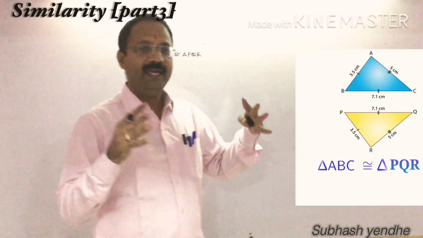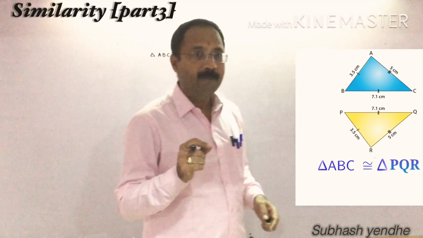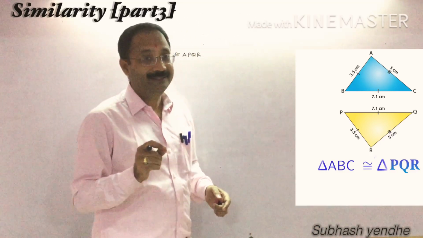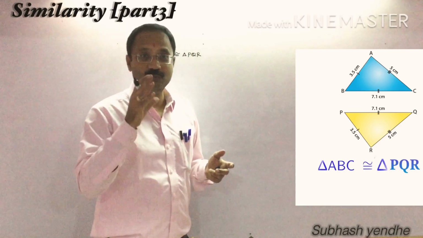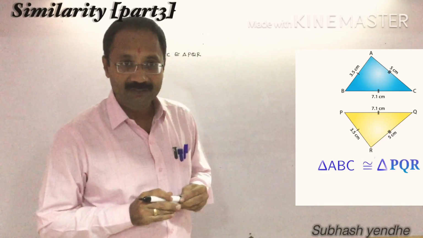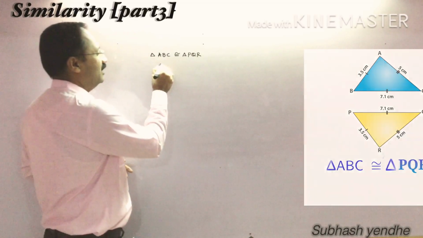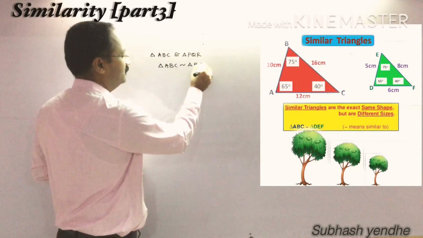It means exactly equal. But if I show my photo to you, then what will happen? Is it that these two are congruent with each other? No. Then what is this? They are similar to each other.